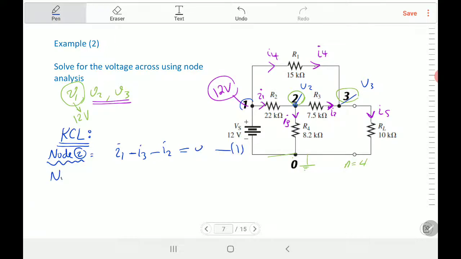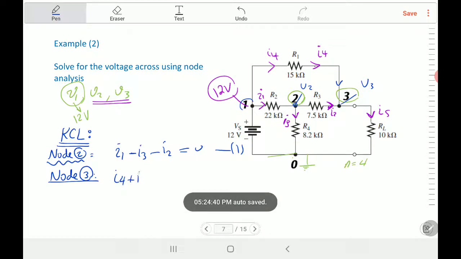Now write for node 3. I4 is in, positive. What about I2? I2 is in, positive. And I5 is out, minus I5, equal 0.